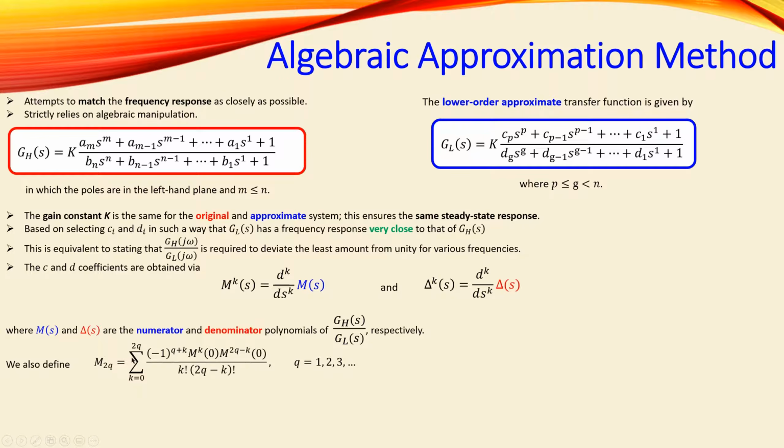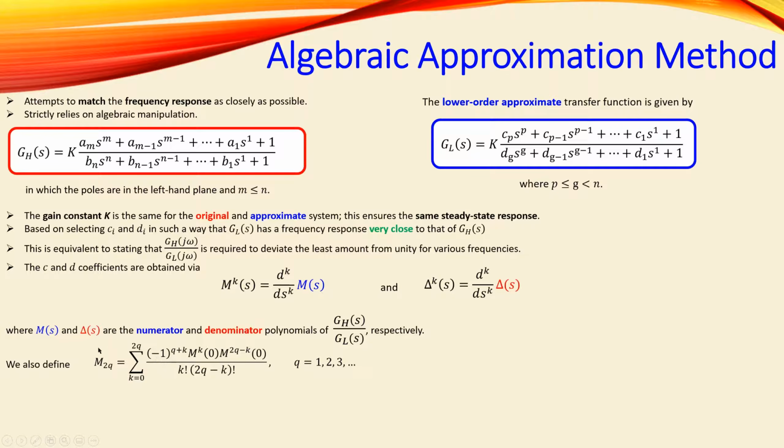And then this is another parameter we need to determine using the m and the delta polynomials, by using the second, the third and also the higher order derivatives, which is also shown here. If you have a second order approximation, you go up to q is equal to 2. If you have a third order approximation, for example, going from a fourth order system to a second or third order system, you go all the way to the necessary approximation.